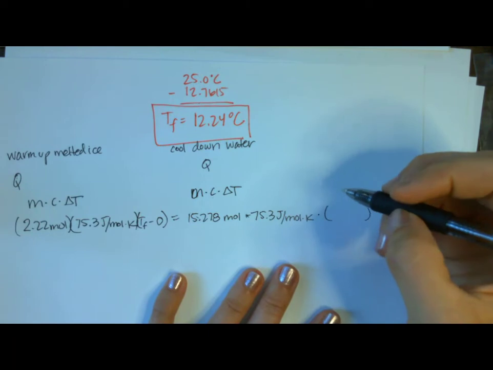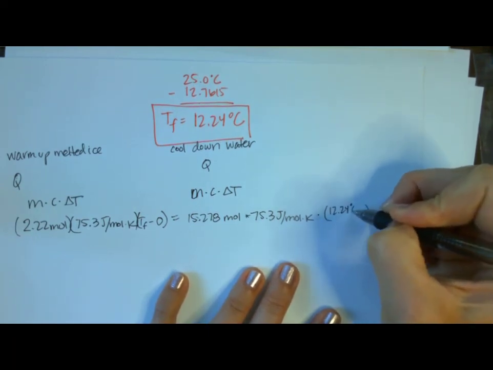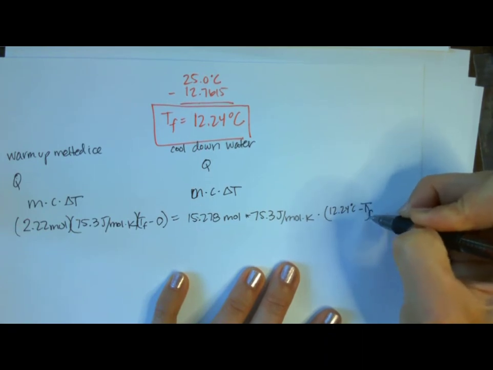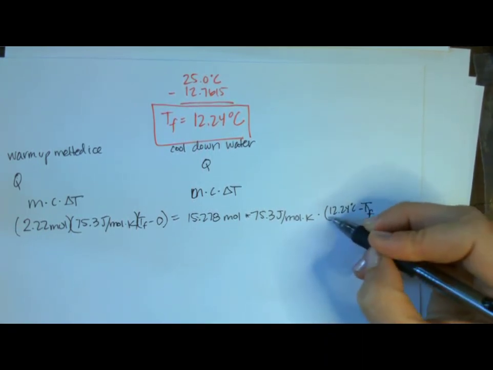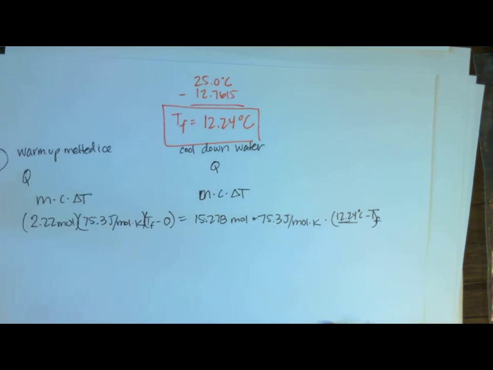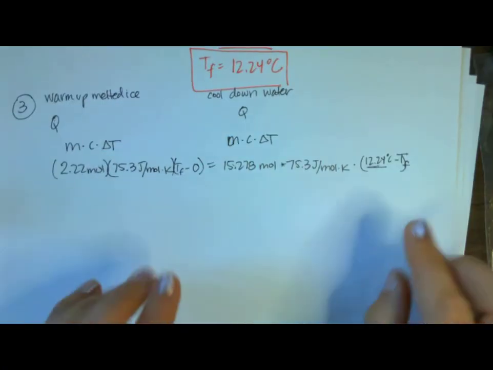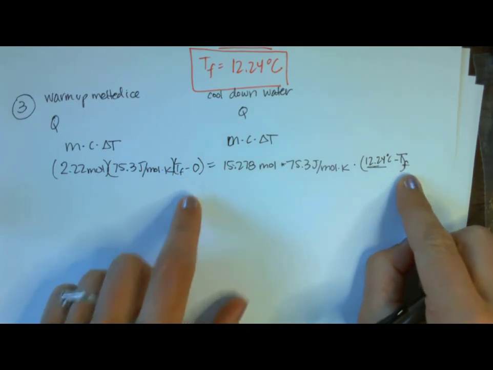So since it's going to be a lower number, we'll do 12.24 degrees Celsius minus whatever that final temperature is, because it's going to be lower, right? Here's my higher number, and it's going to cool down to a final temperature. Okay, now we just need to simplify and figure out what that ultimate final temperature is for this whole system.